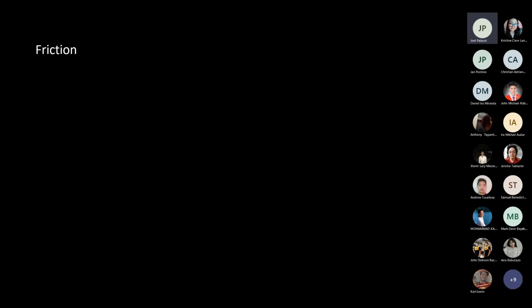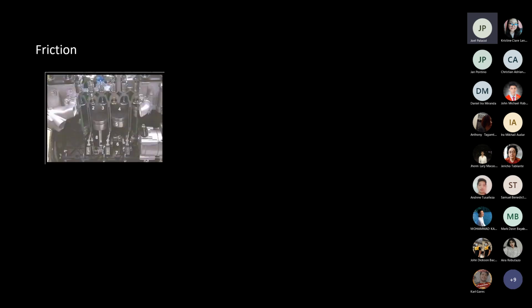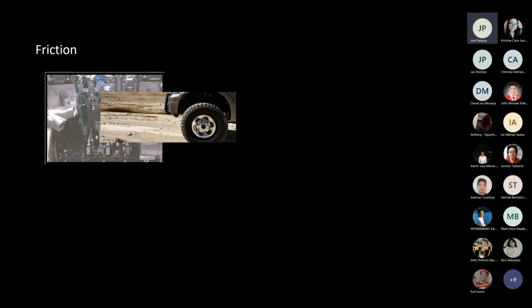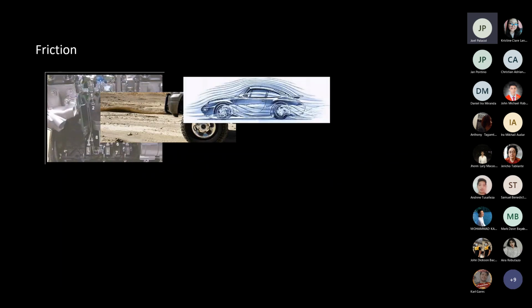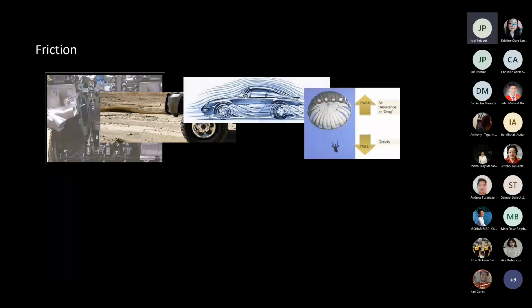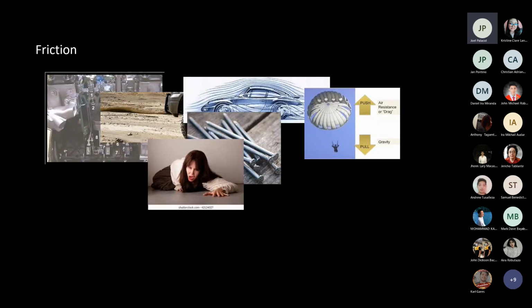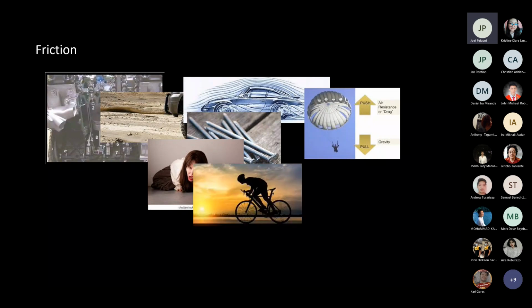Friction is an important force in many aspects of everyday life. Oil in car engine minimizes friction between moving parts. But without friction between the tires and the road, we couldn't drive or put the car in motion. Air drag decreases fuel economy but makes parachutes work. Without friction, nails would pull out. Everybody will crawl on the floor, and even riding a bicycle would be hopeless.